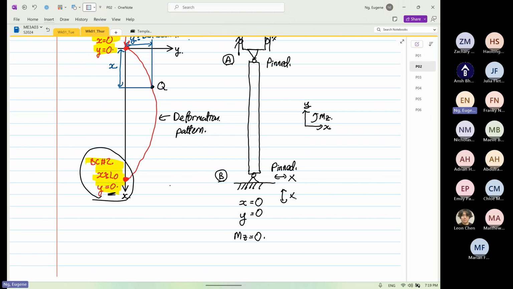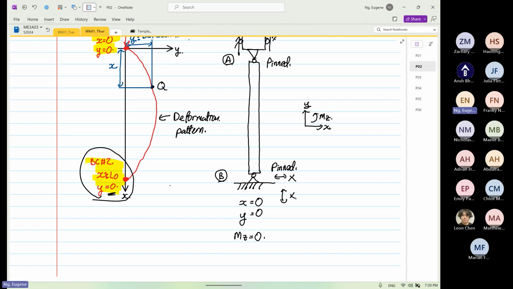Now, can anyone tell me or type on the chat why moment about Z is equal to 0? Anyone? Or talk to all of us. Why is the moment in the z-axis at point B equal to 0?